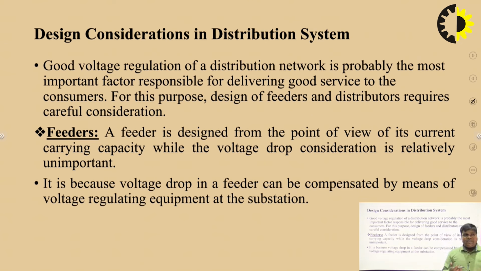So it is plus minus 6% of the rated value at the consumer's terminals. Thus, if the declared voltage is 233 volt, then the highest voltage of the consumer should not exceed 244 volt, while the lowest voltage of the consumer should not be less than 216 volt.